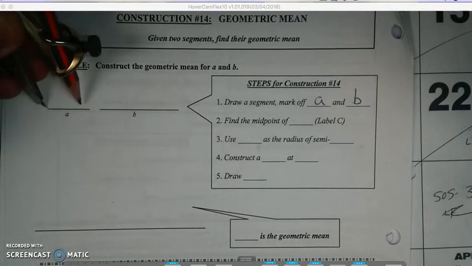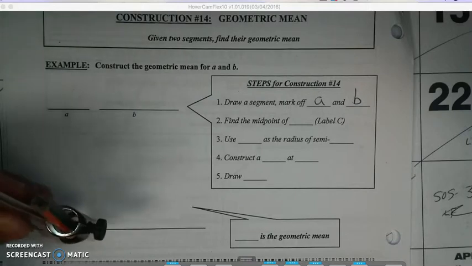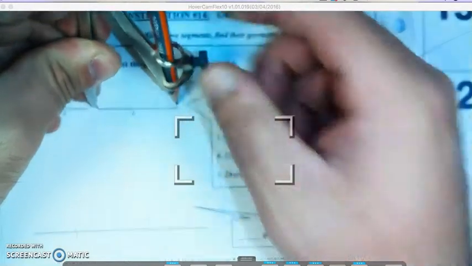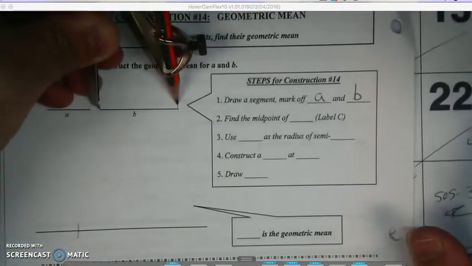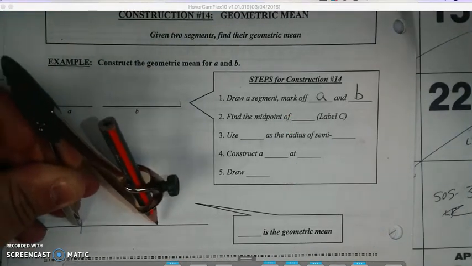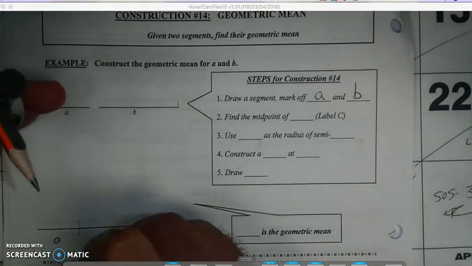So open up to A, and mark off A, open up to B, and then come down here and mark off B. Here is A, here is B.